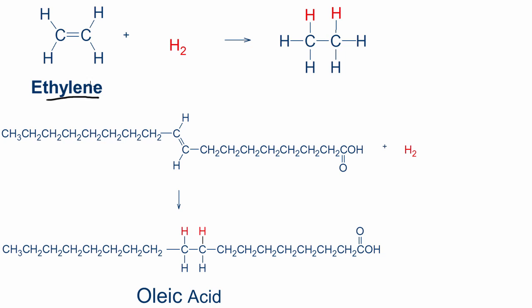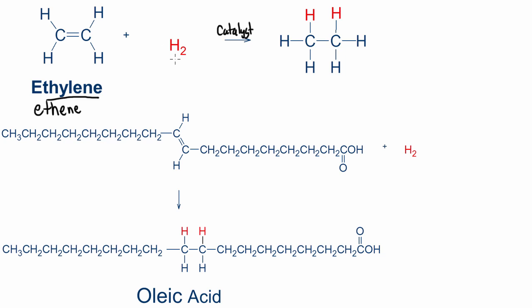This is ethylene. That's the common name. The IUPAC name is ethene, E-T-H-E-N-E. Two carbons. We have a carbon-carbon double bond and the four hydrogens. And this will undergo a reaction. It needs a catalyst. I'll just put catalyst up here. We'll talk about this reaction later.